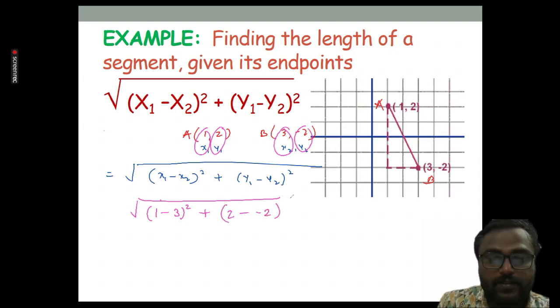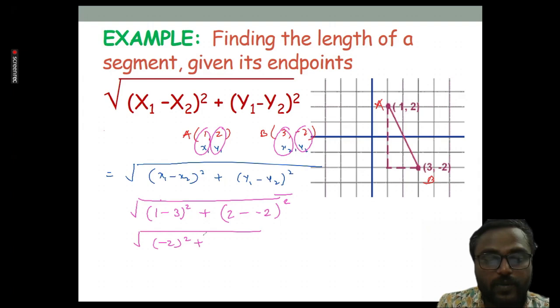Let's solve it completely. 1 minus 3 is negative 2 whole square, plus 2 minus negative 2, so it will become 2 plus 2 whole square.